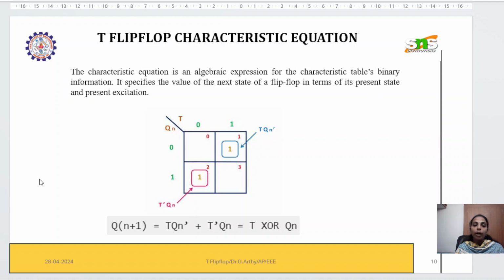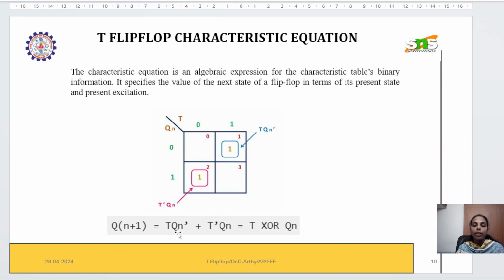Here we have only 4 levels, with only 2 bits, and so we'll be using a 4-cell K-map in order to find the next state. So the next state Qn plus 1 is given by T Qn dash plus T dash Qn.